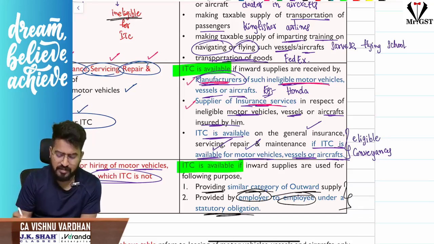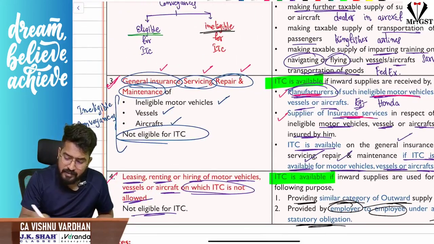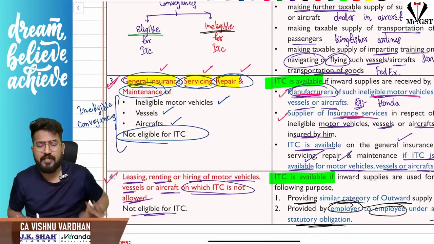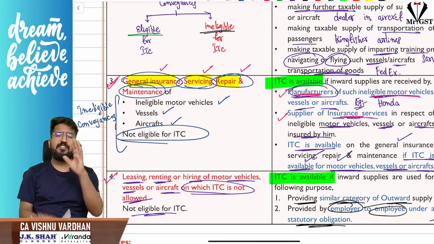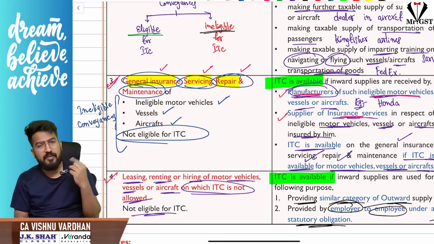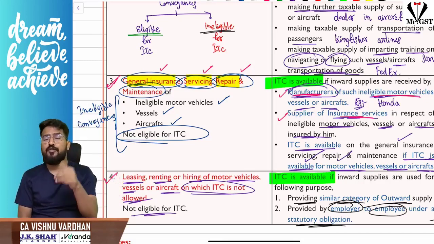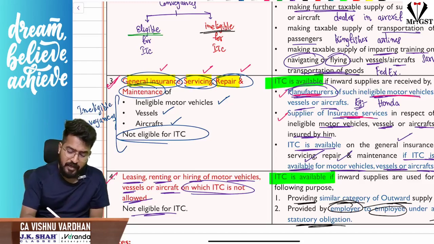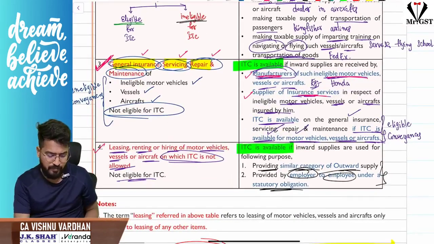For manufacturers and general insurance companies, they can take ITC on these three things. But others, if they are taking them on ineligible conveyances, they cannot take ITC. So simple: ineligible conveyances, you take general insurance, repairs and service, you cannot take ITC. But if it is an eligible conveyance, you can take ITC, or you are a manufacturer, you can take ITC, or if you are a general insurance company, you can take ITC of these particular services. Hope it is clear for you.